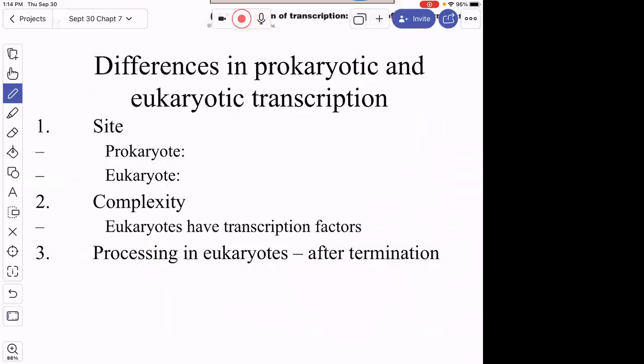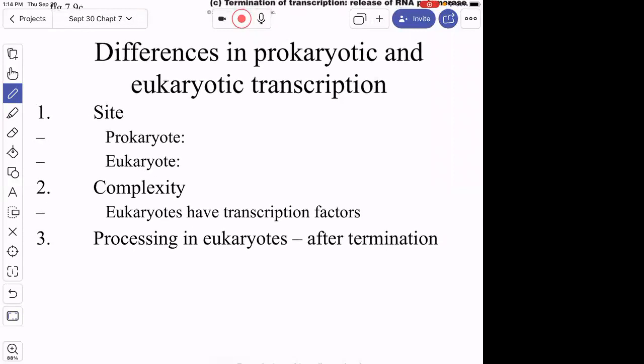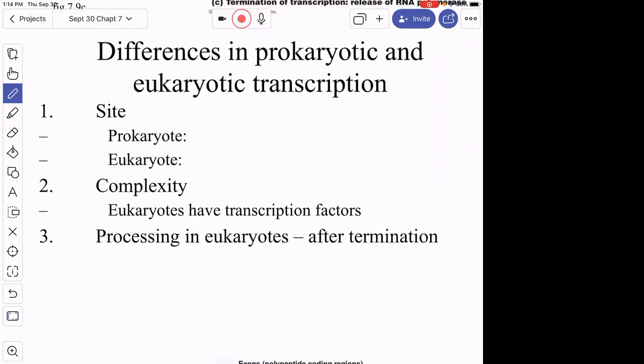All right, so I do want to bring up a few differences in prokaryotic and eukaryotic transcription. It's more correct to say bacterial because there are some differences between bacteria and archaea and how they do their genetics. So thinking about where these processes take place, there are some differences here because in prokaryotes, this is going to be in the cytoplasm.